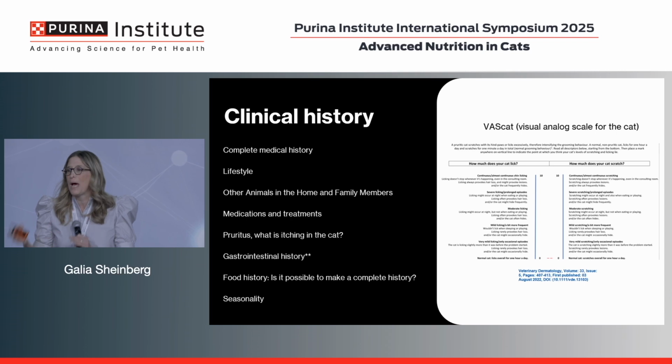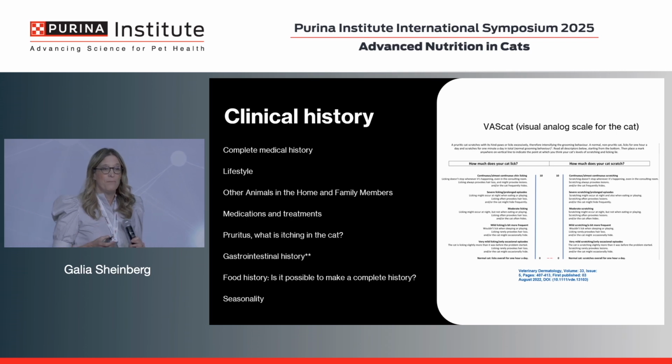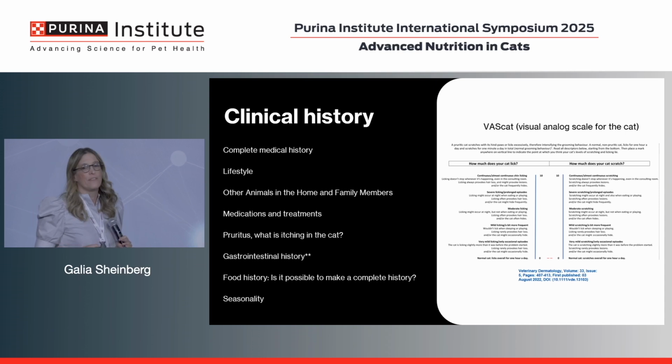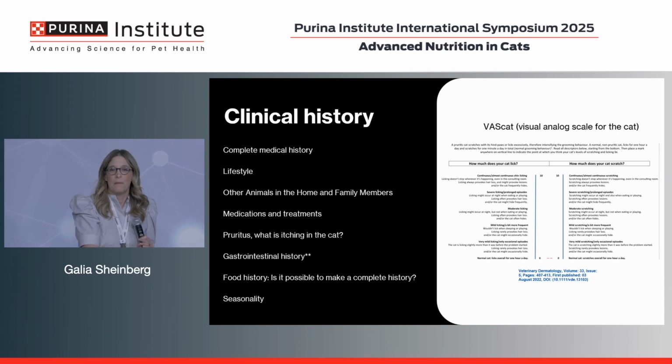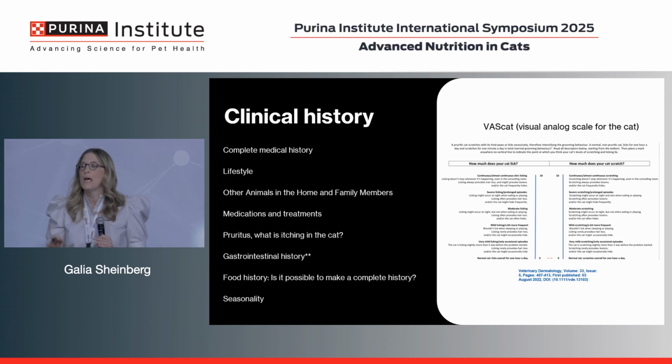So we have to ask about GI problems and GI presentations. Again, we want to ask about what they're feeding their cats, and that's kind of an obvious question. We tend to ask what they are feeding now, but we want to know what they have been feeding in the past. And we'll talk more about feeding and food in this lecture.